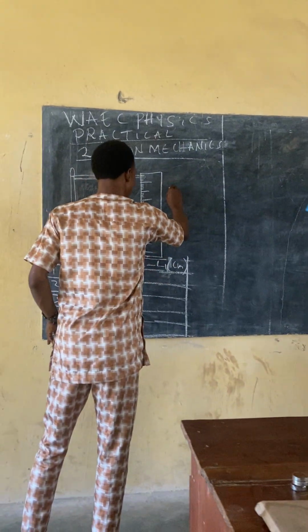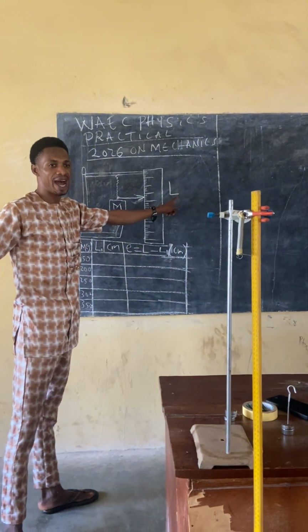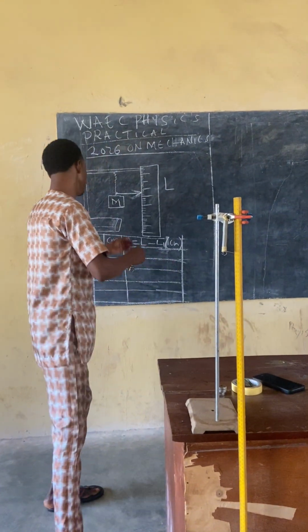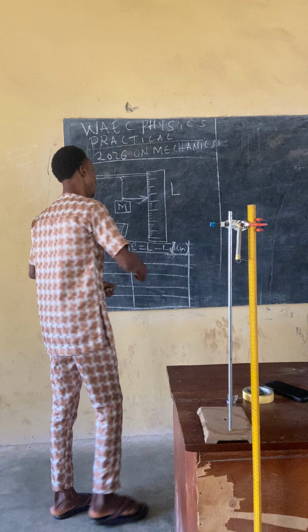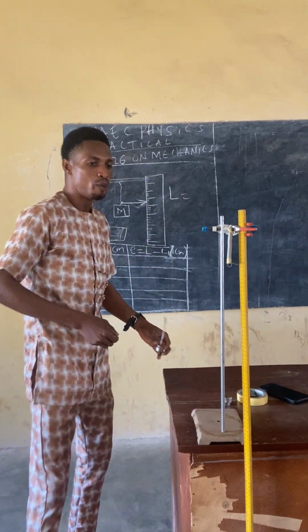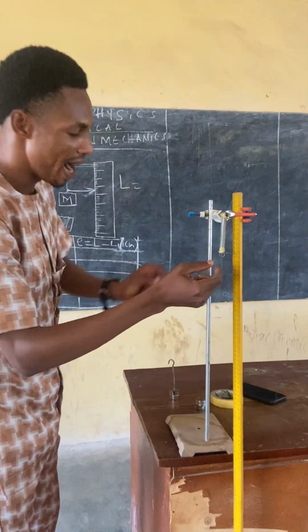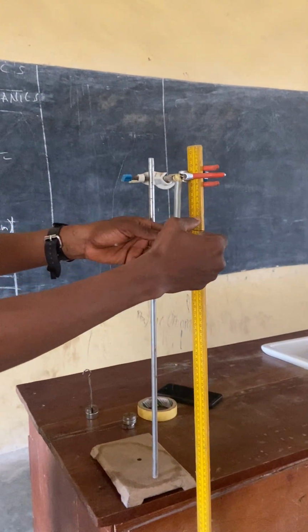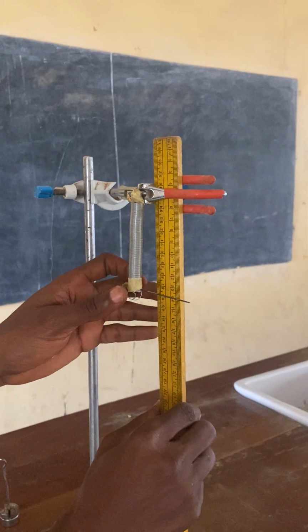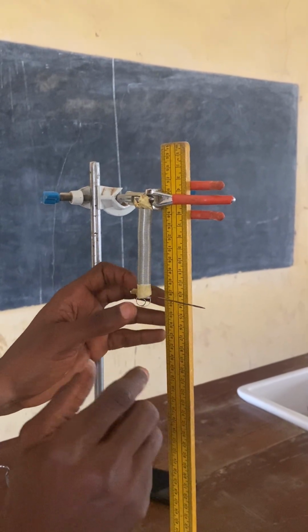Now we need to get our L, which is our original length before a mass is hung on the spiral spring. I place my pointer over this place. What will be the length of my pointer in this case?